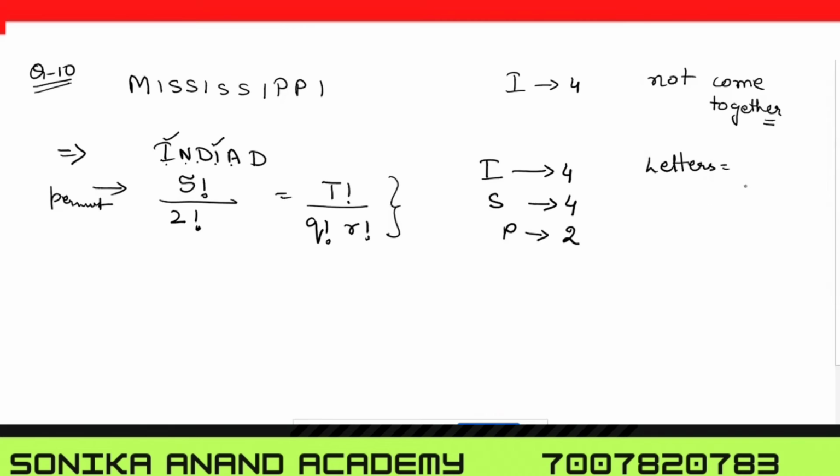So the permutation for this word is 11 factorial over 4 factorial, 4 factorial and 2 factorial. Find out the answer and tell me. Yes, you have to solve this.